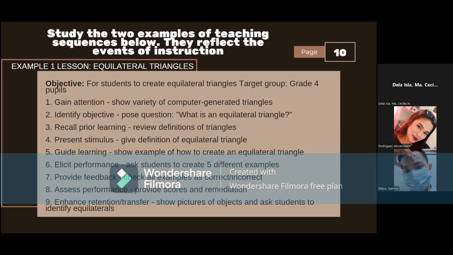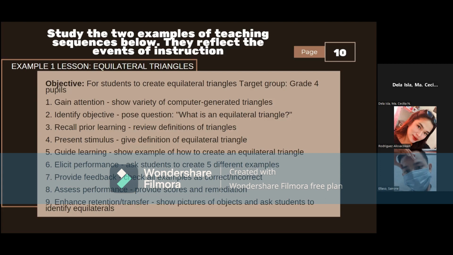So after defining what is equilateral triangle, number 5 naman is paano mag-construct or gumuhit ng isang equilateral triangle. So number 6 is elicit performance. So ask students to create 5 different examples. So after defining, nag-proceed sa pagde-define ng lesson proper which is equilateral triangle, then nag-proceed sa pagbibigay ng example.